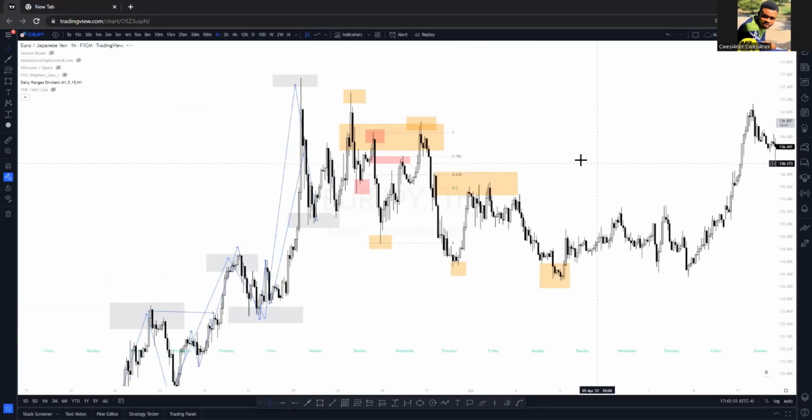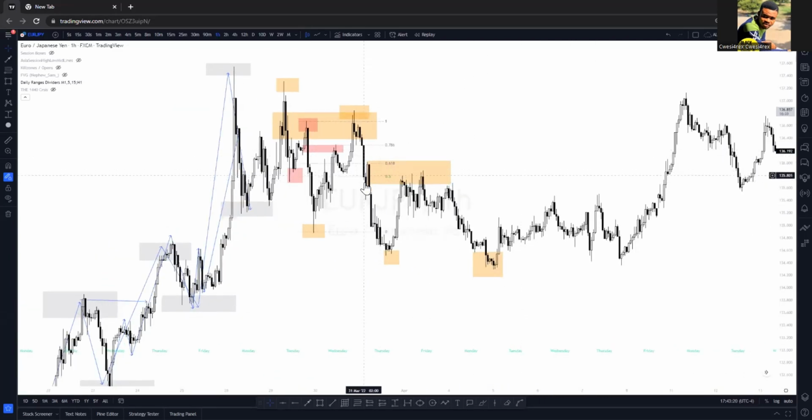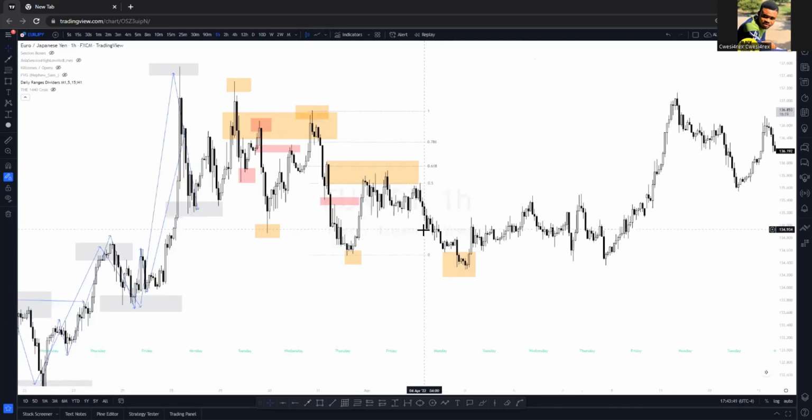But if this order block was supposed to be below the equilibrium price, then there's no way you should be looking at this place as your continuation trade, right?